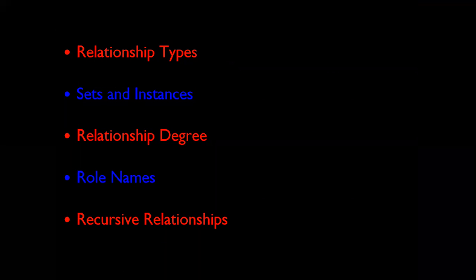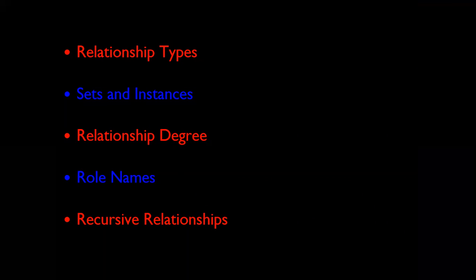So now we have studied the meaning of entity types, what the attributes are, types of attributes, strong entity type and weak entity type. Now we need to form an association from one entity type to another entity type.